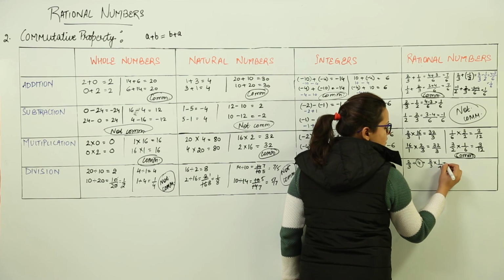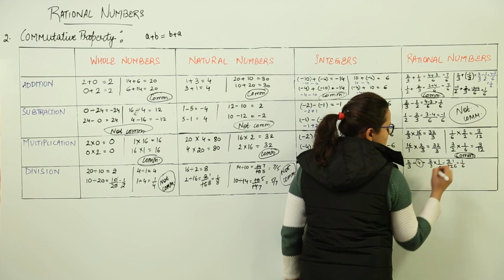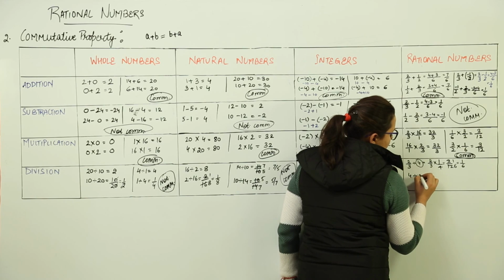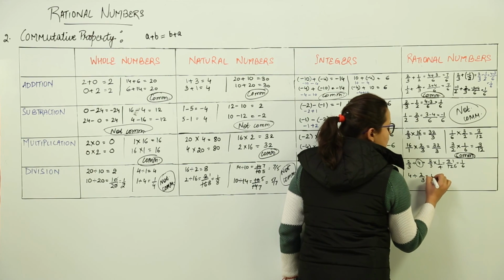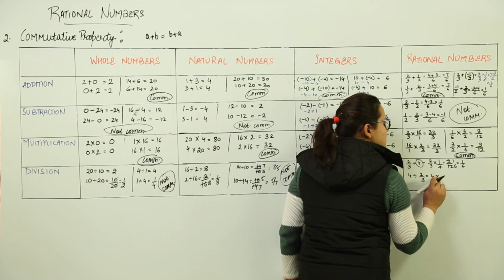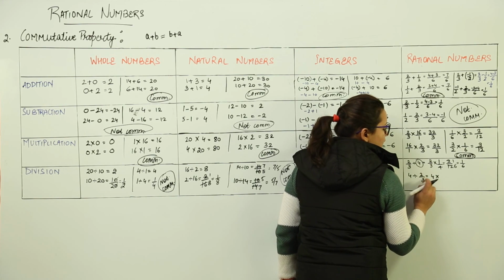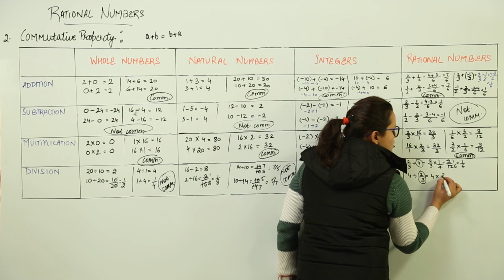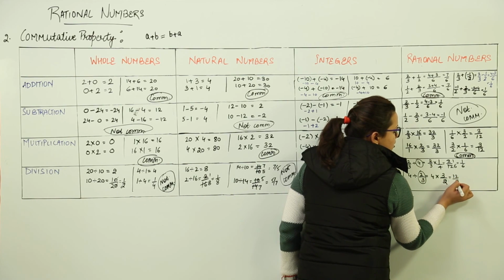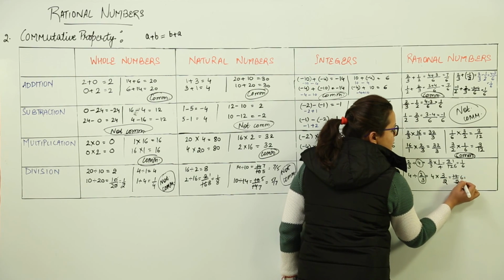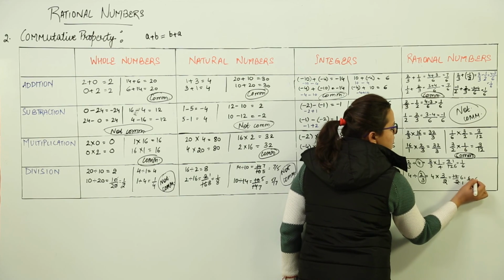So this becomes 2 over 12, or you can simplify it to be 1 over 6. And if you do 4 divided by 2 by 3, the 4 remains as it is, division gets converted to multiplication, and 2 by 3 value gets reciprocated. So your answer becomes 12 by 2, or you can write 6 over 1 or simply 6.